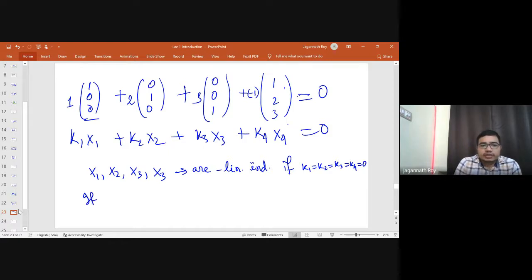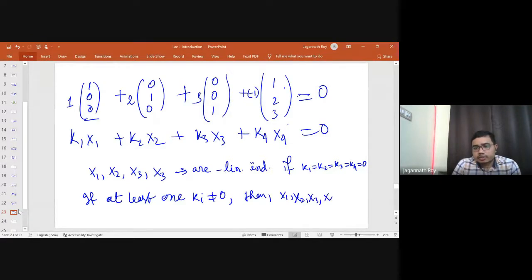If at least one ki is non-zero, then x1, x2, x3 and x4 are linearly dependent.